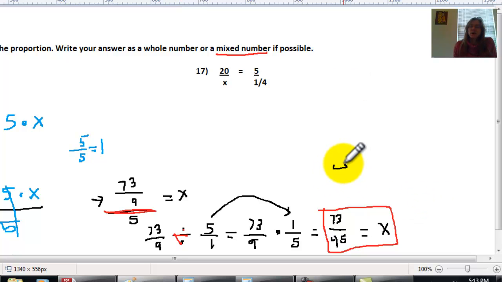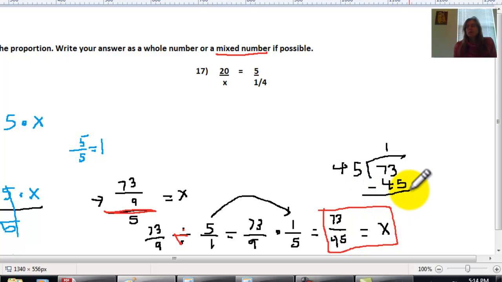So 45, we're going to divide it into 73, bottom into the top. It'll go one time, because 45 plus 45 is 90, so it won't go in twice. Then you subtract. 13 minus 5 is 8. And we borrowed, so that made that a 6. We have 28 as a remainder.